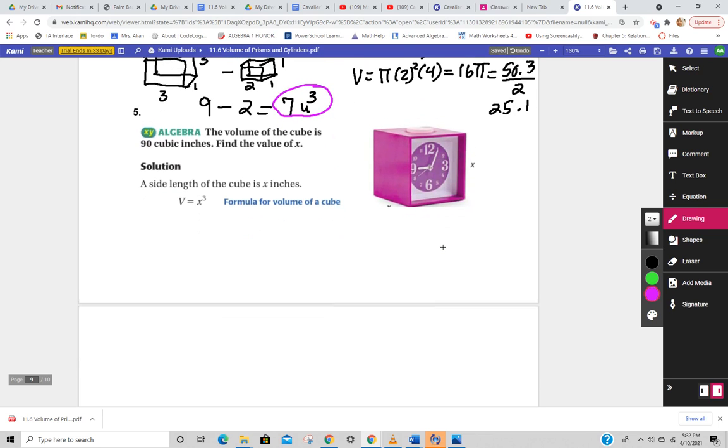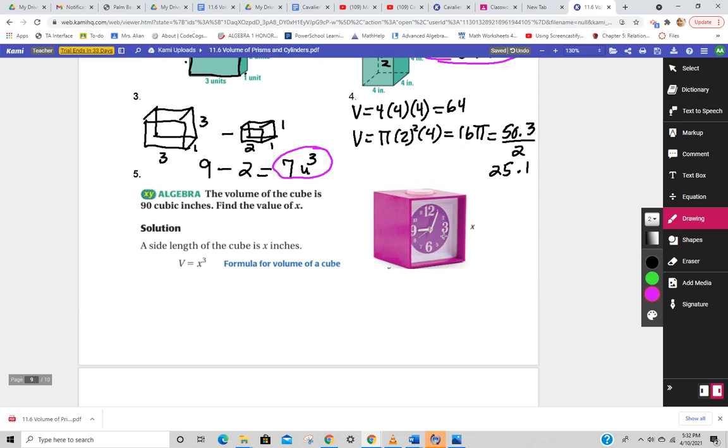All right, last one. So we've been given the volume of this solid here. So the volume is 90. So I'll replace V with 90. And they want us to find each side. Each side is X. So we're going to take the cube root of both sides. So you type 90, go to second, and then go to 0.